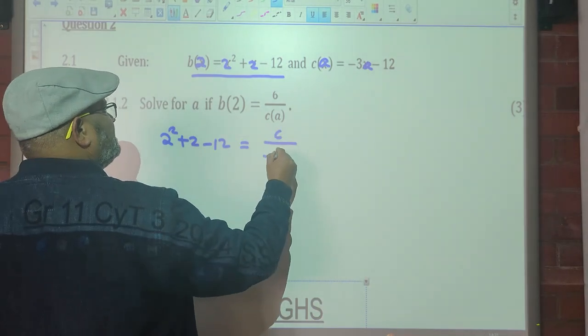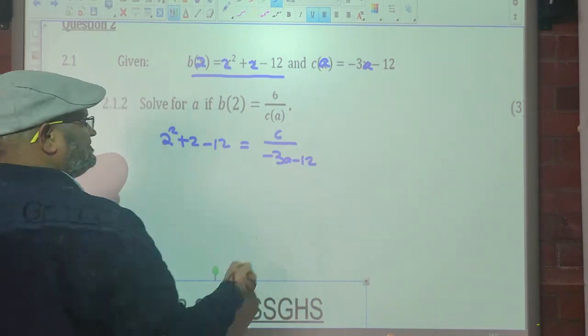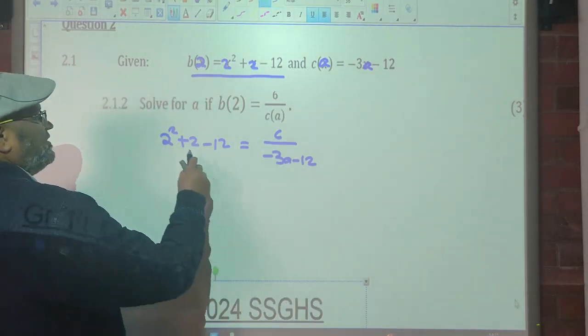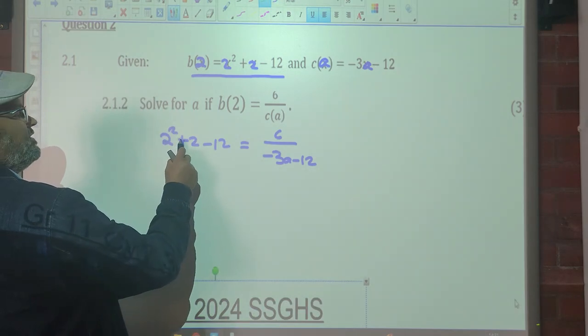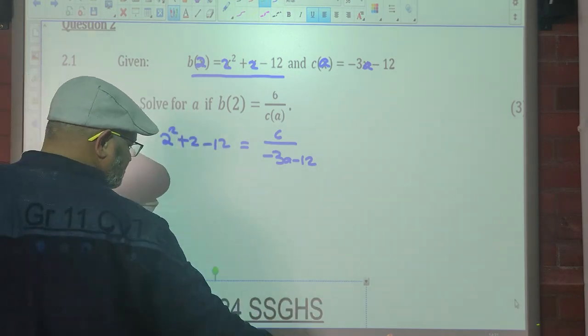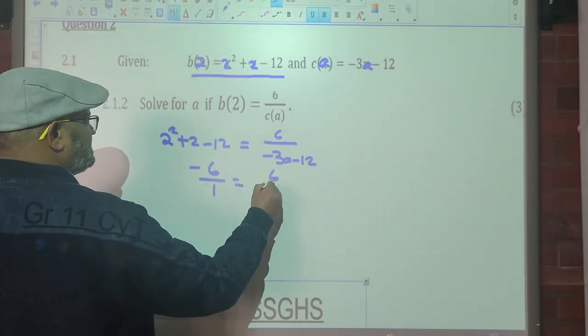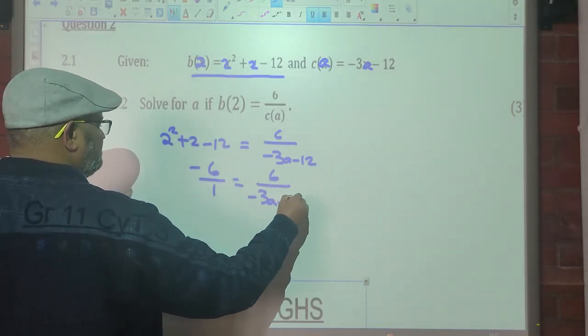So it's 6 over negative 3a minus 12. Simple. So what is 2 squared? 4, plus 2 is 6, minus 12, negative 6, over 1 is equal to 6 over negative 3a minus 12.